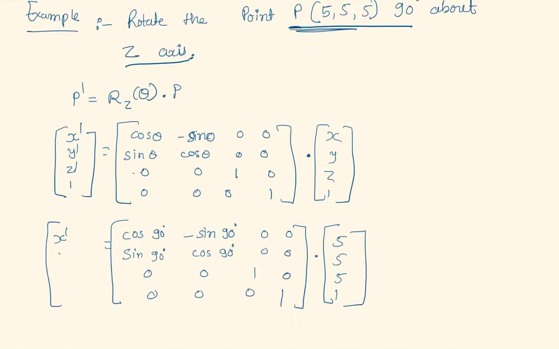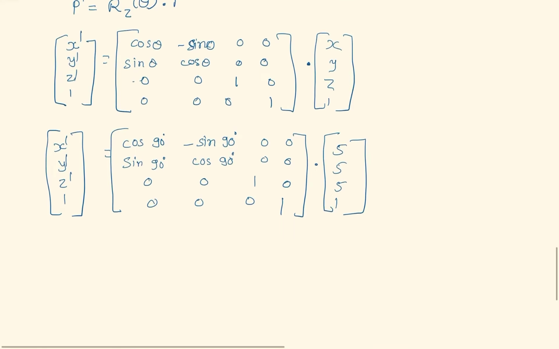Now find the values of x dash y dash z dash. So multiply these two matrices. First of all we put the values of cos 90 and sin 90.